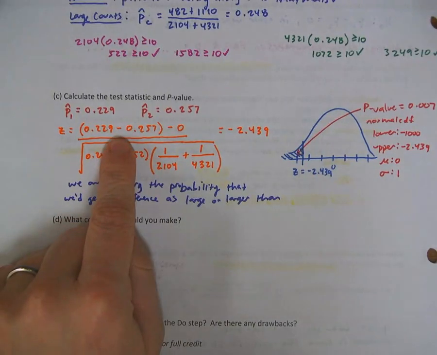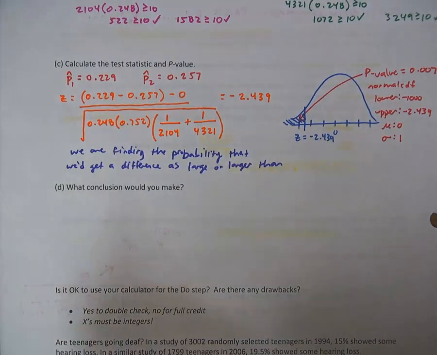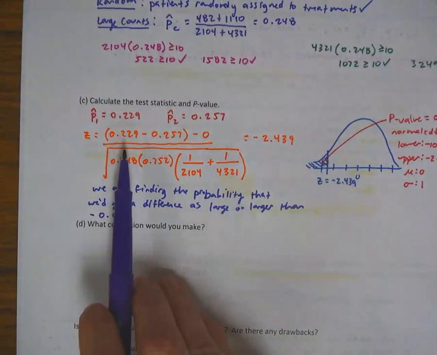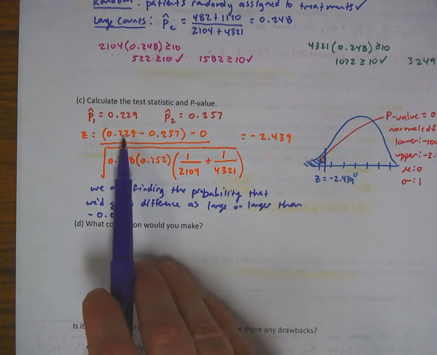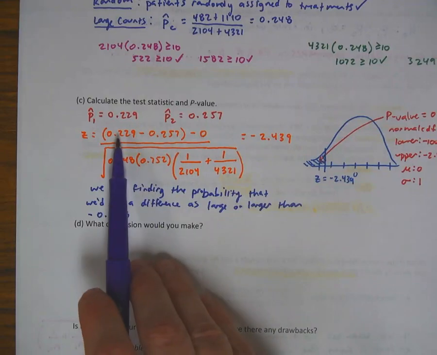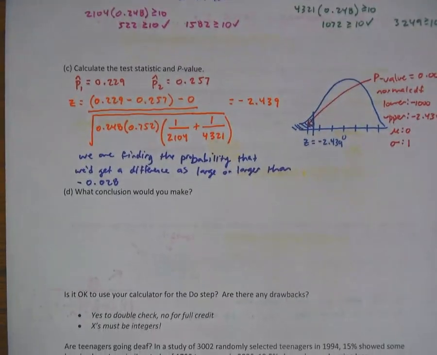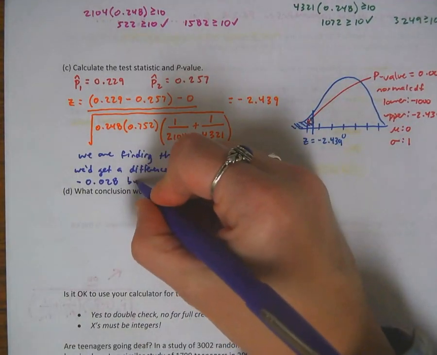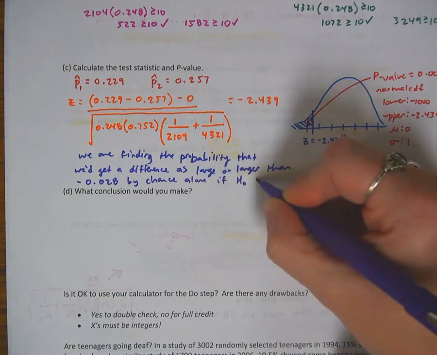this right here, if you go ahead and subtract those statistical proportions, you get negative 0.028. Again, if you're like, wait, where did she get that from? I just want to know the probability that I would get the results, the difference of p hat 1 minus p hat 2, or even larger than that difference, by chance alone, if the null, or assuming that the null is true.